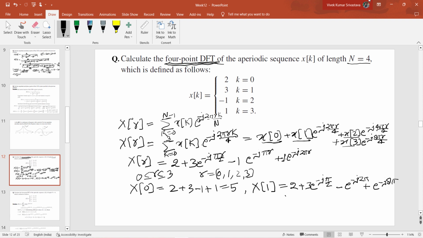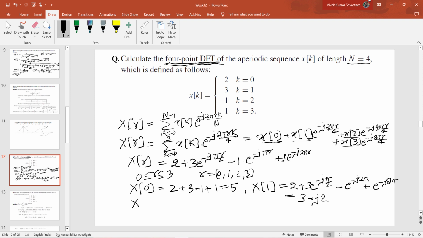Now we can solve this. Once we solve this expression, we will get the final result, that is x of 1 as 3 plus j2, oh sorry, 3 minus j2.